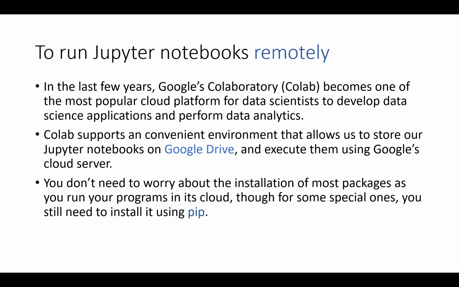So I will now illustrate how to use Google Colab to run a Jupyter Notebook program, so that you don't need to install anything on the computer. All you need is to use Google Drive to access the program, and then it will use the web browser to run the program. This is very convenient.